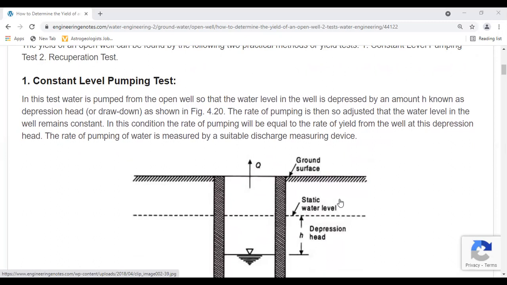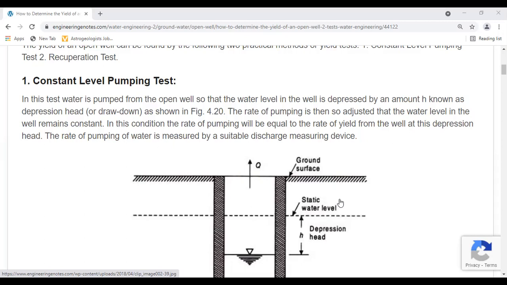Constant level pumping test. So guys, before starting this, I need to incorporate some more knowledge. Large diameter wells dug down to the water bearing strata are known as the open wells. So what is the open well?